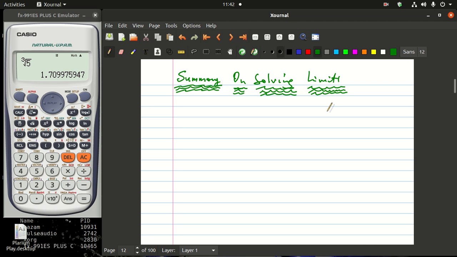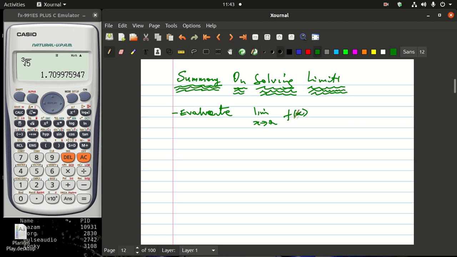Now, suppose the question is saying evaluate, or what is the value of the limit as x approaches a of f of x. How do you solve a limit of this particular nature?